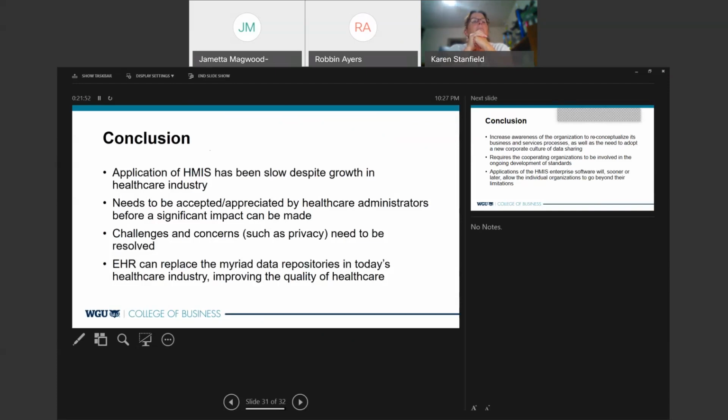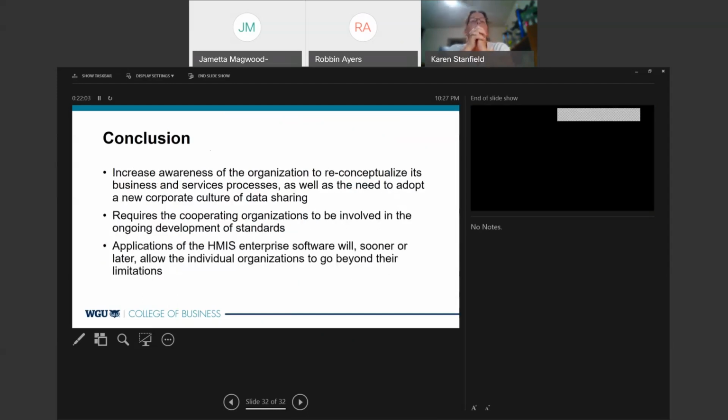EHRs can replace the myriad of data repositories in today's healthcare. We can have a single place to house this information. Okay. Increasing awareness of the organization to reconceptualize its business and services, as well as the need to adopt a new corporate culture of data sharing. Okay.